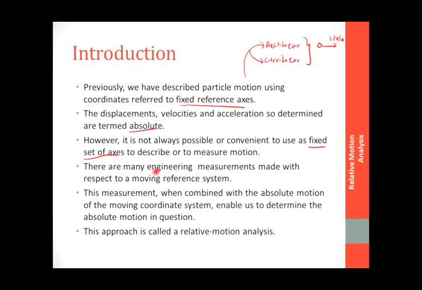So in the real situation, many measurements are made with respect to a moving reference system. This measurement, when combined with the absolute motion of the moving coordinate system, enables us to determine the absolute motion in question. This approach is called relative motion analysis.